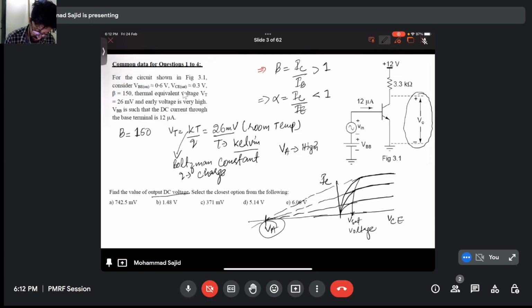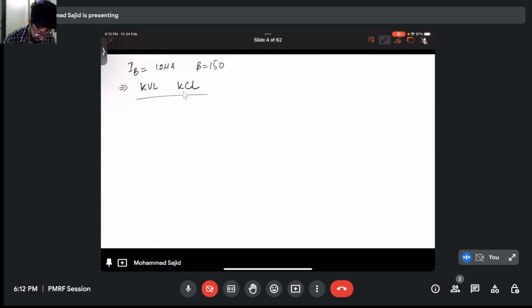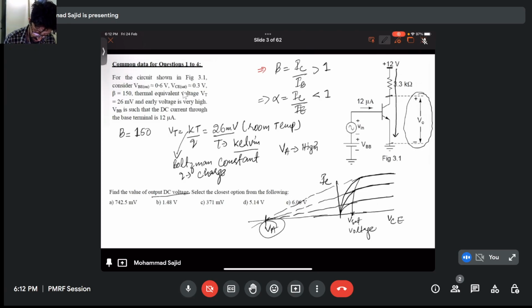What will be the best rule we should follow? If I go in this direction, KVL, right? It will be 12 volt here, then current flows through here, that is IC current, and there will be a drop in this resistor, and this will be the output voltage.